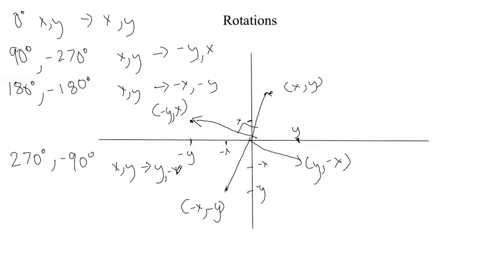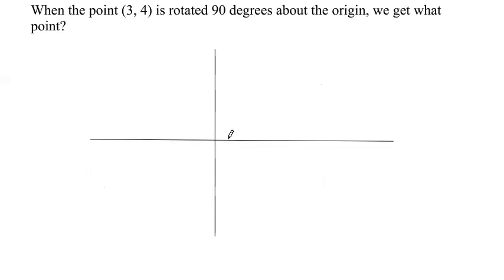(y, negative x). So you have the point (3, 4). So you have this point, and when you rotate it 90 degrees about the origin, we're going to take 3 this way, and 4 this way. So when you rotate it 90 degrees, it will be 4 this way and 3 up.